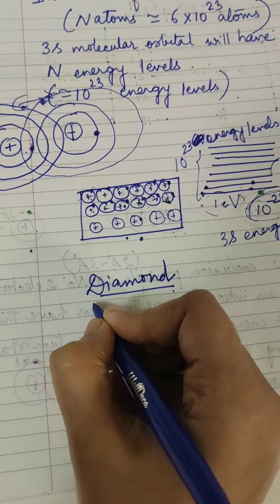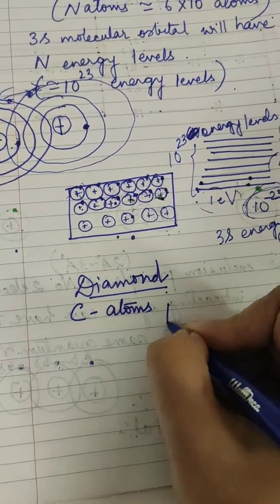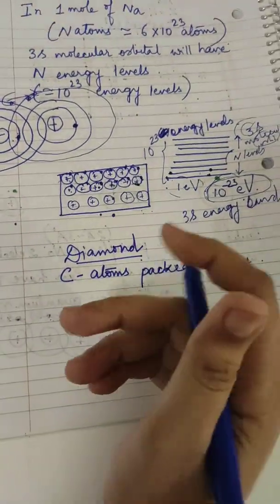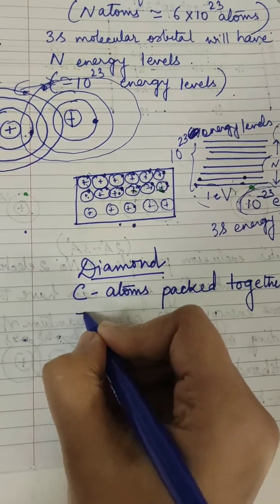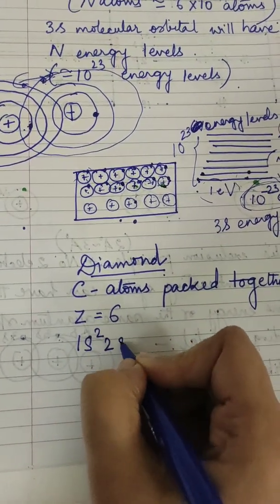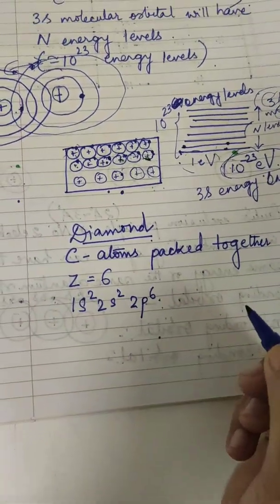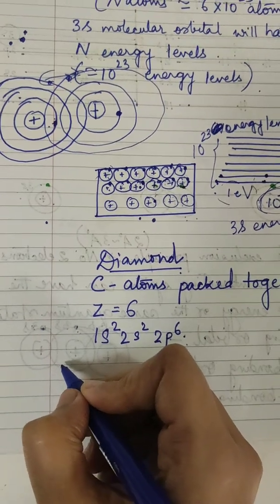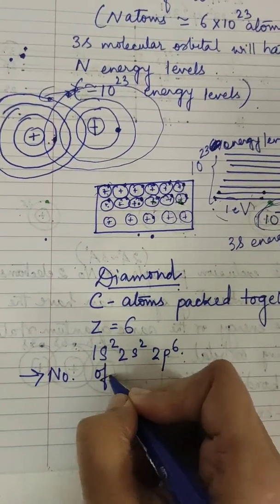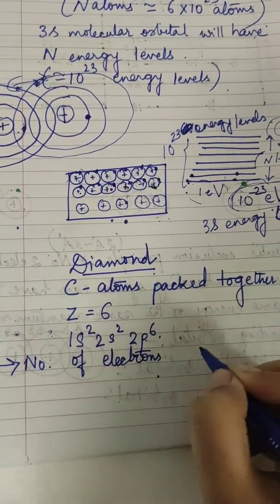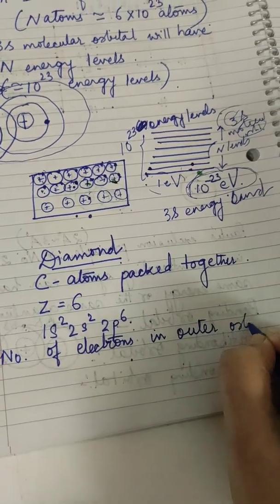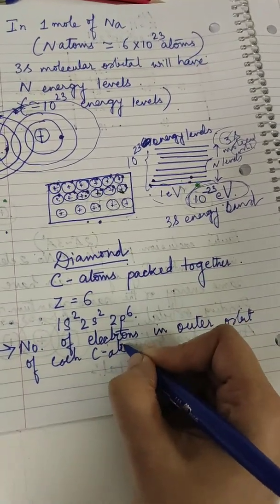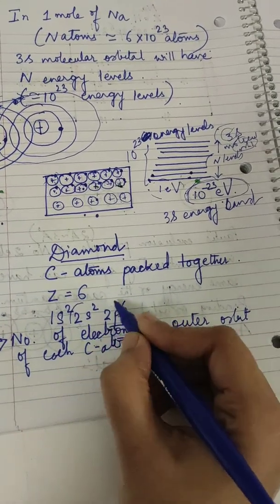Diamond is carbon atoms packed together. Carbon has an atomic number of 6, so it is 1s2, 2s2, 2p2. The number of electrons in the outer orbit of each carbon atom: this is the outer orbit, the second orbit is the outer orbit.